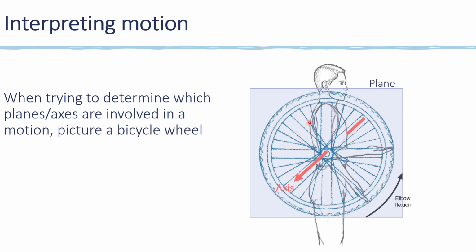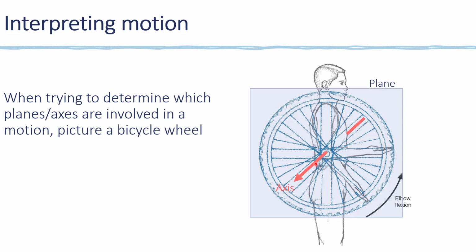So the plane is the wheel itself, and then your body and the moving parts of your body are these spokes on the wheel. So imagine the arm in this case is just these different spokes on the wheel. And then the wheel turns about an axle, much like your body moves about an axis.